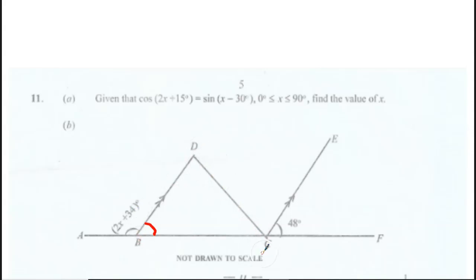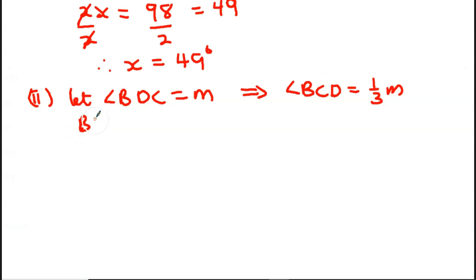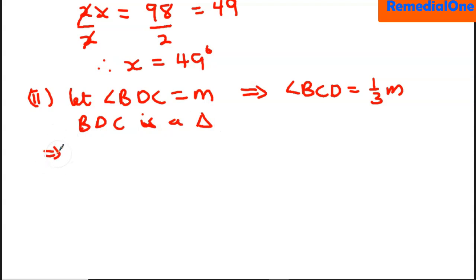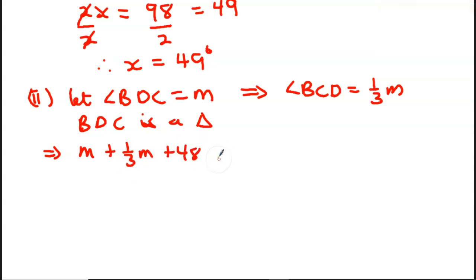And BDC is a triangle, which means that the sum of its angles will be equal to 180. So M plus 1/3 M plus 48 is equal to 180.